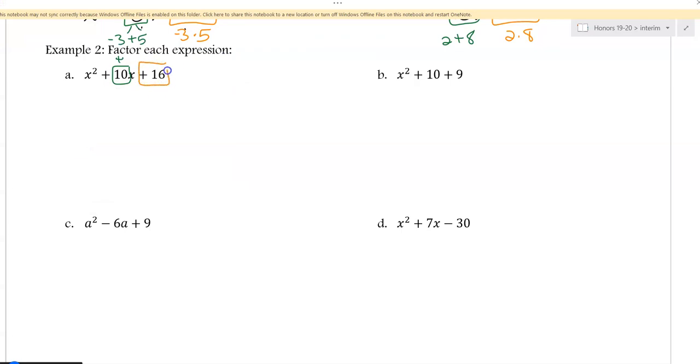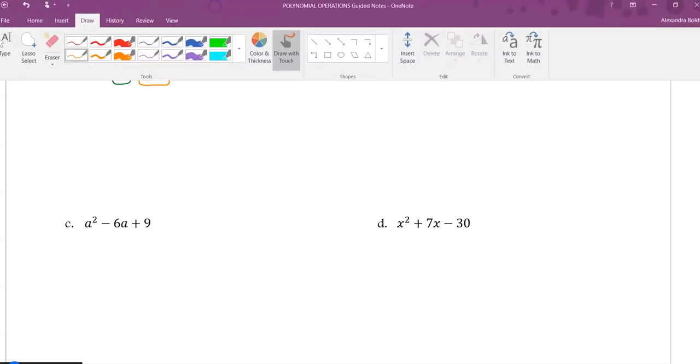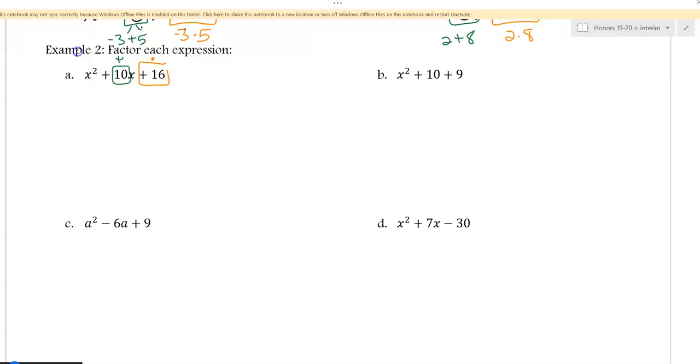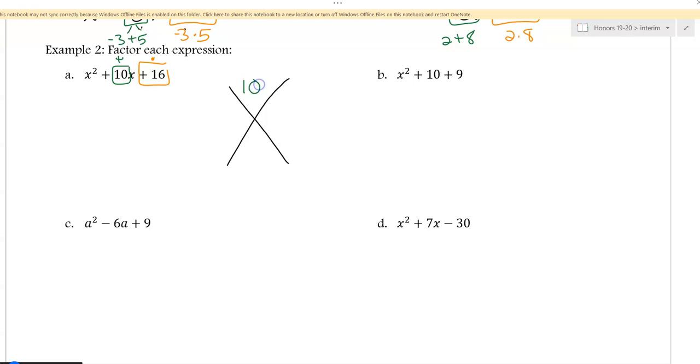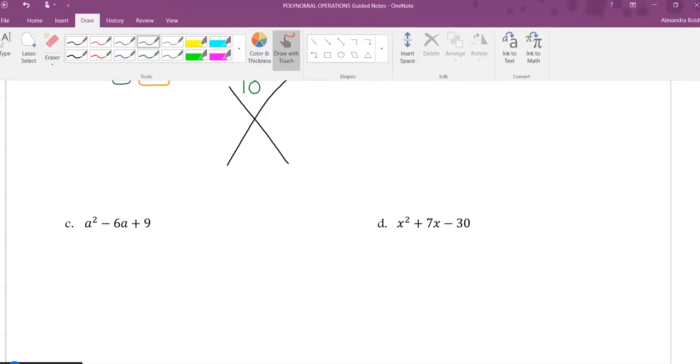Okay, so what numbers add to 10 and multiply to 16? Well, 2 and 8, since we already saw those, right? 2 plus 8 is 10, 2 times 8 is 16. Okay, so now we know with x squared we need an x, and then plus 2, and another x plus 8.